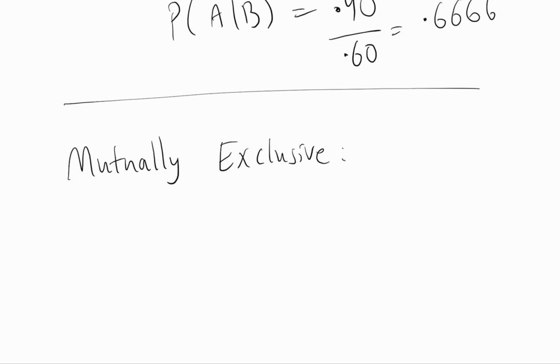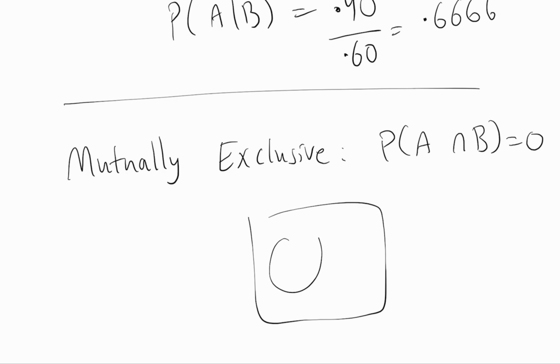There's a 0% chance of both happening. That's basically saying that the probability of A intersect B is 0. So if two events, A and B, have no overlap at all, that's what it means for them to be mutually exclusive.